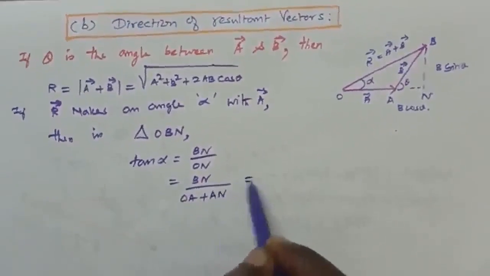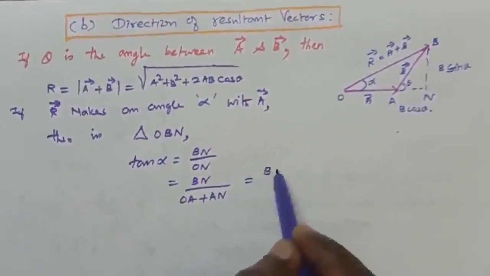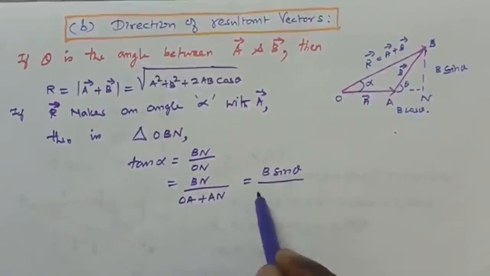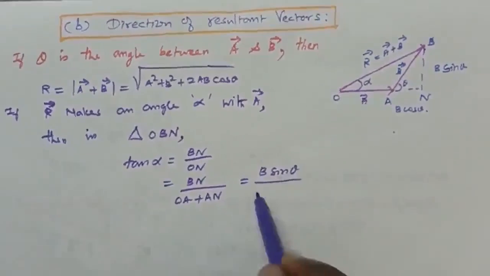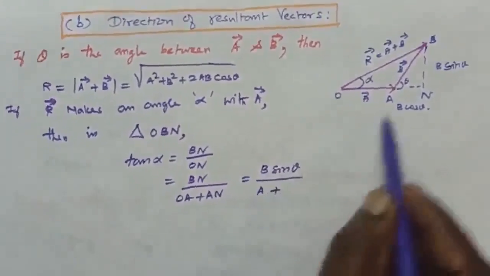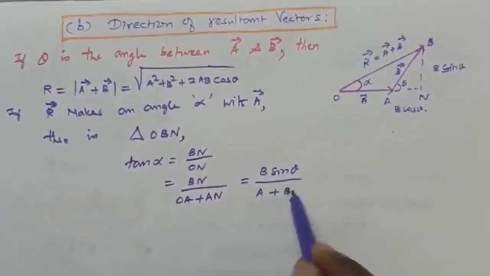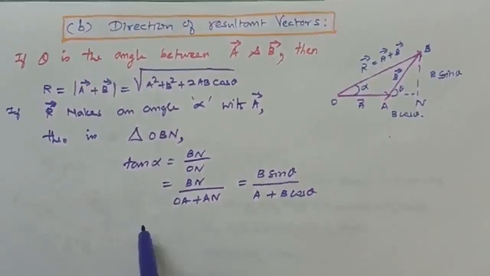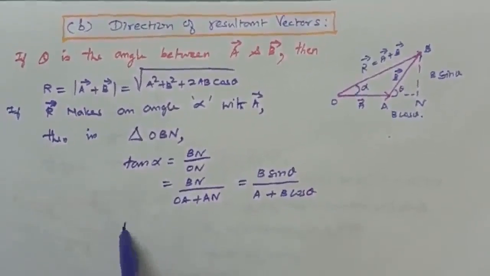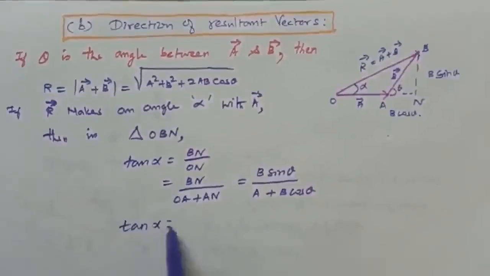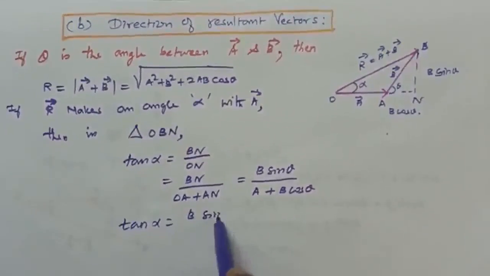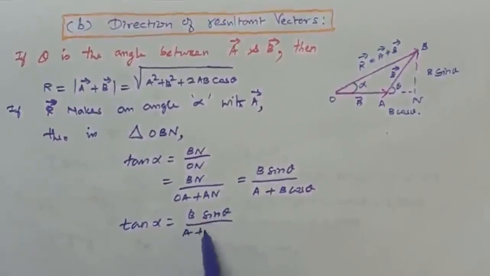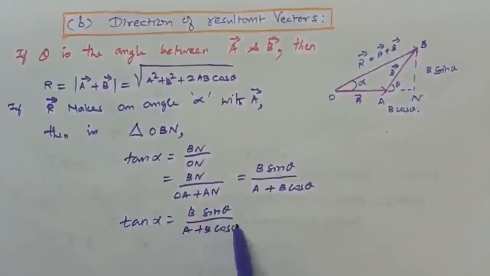Now substitute the value of BN: B sin theta, already found, divided by OA, a distance A, plus AN, distance B cos theta. Therefore tan alpha is equal to B sin theta divided by A plus B cos theta.